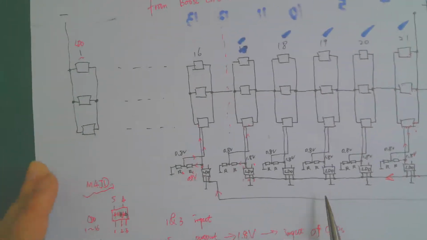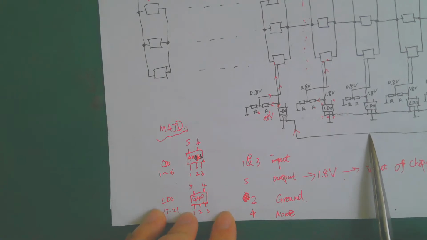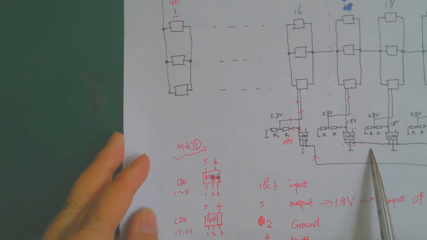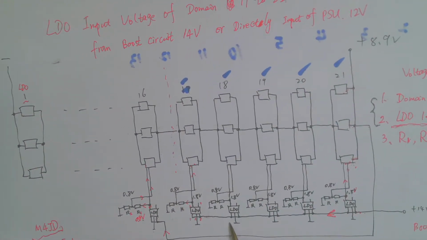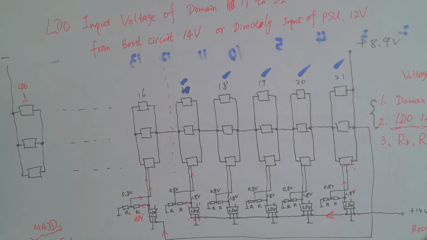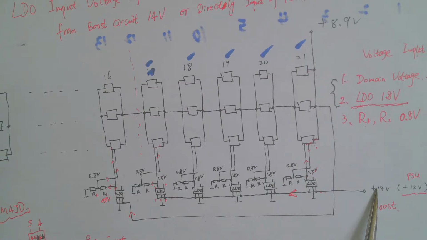Here we can see the LDO in the last five domains inputs 12 volts or 14 volts.